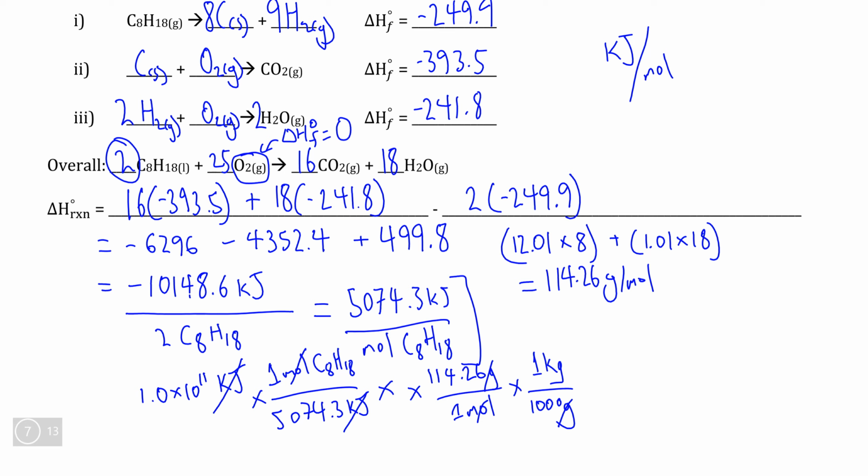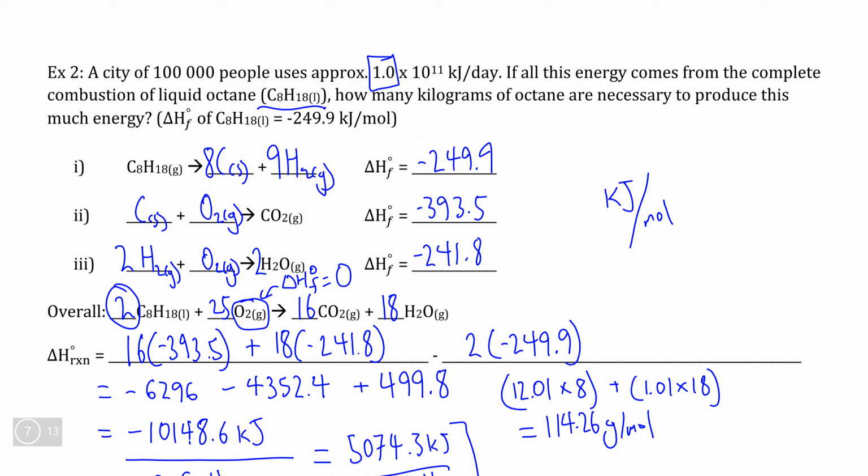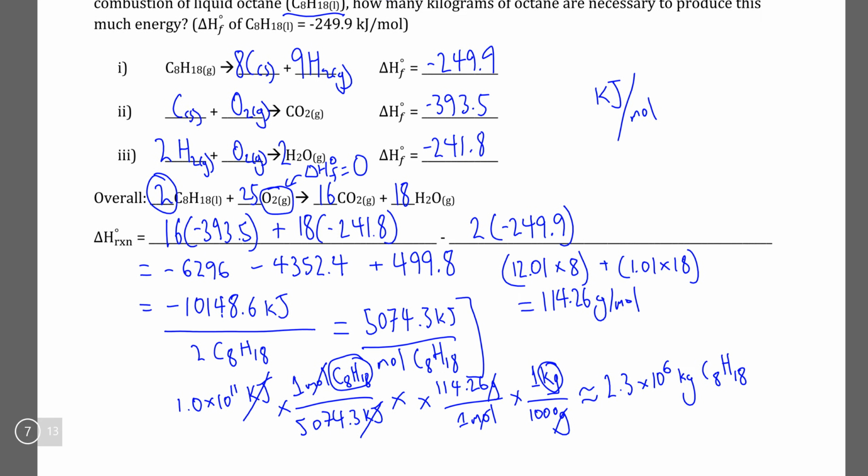And if we check our units, we see that we are left with kilograms of octane based on this delta H value. And if you put this into your calculator, and if we keep in mind our final answer has 2 significant digits, your calculator should read 2.3 times 10 to the 6 kilograms of C8H18 that is needed.